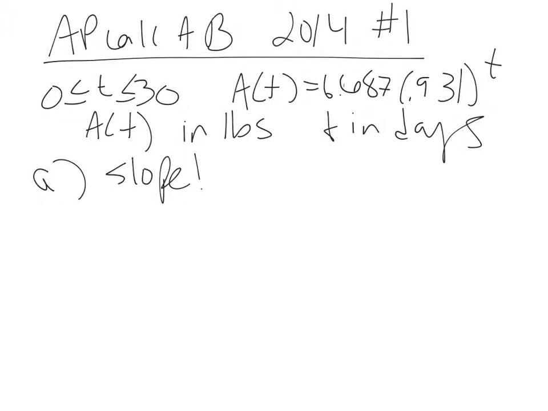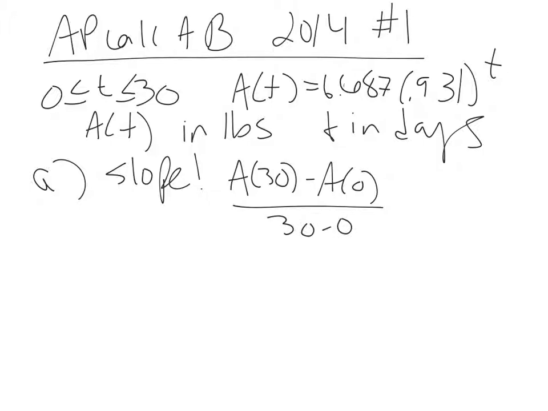So, average rate of change, right, and that's the secant line. The average rate of change is the secant line. So we want y2 minus y1 over x2 minus x1. It's the slope of the secant line.